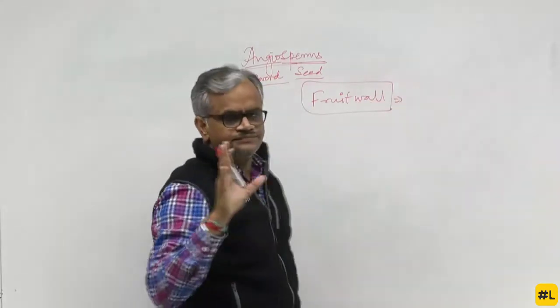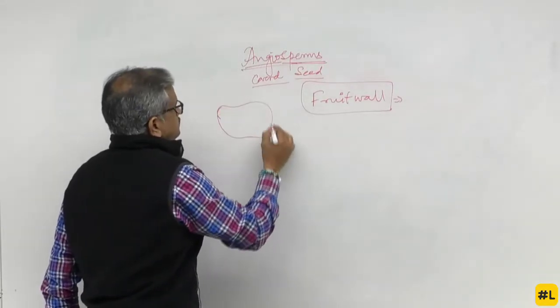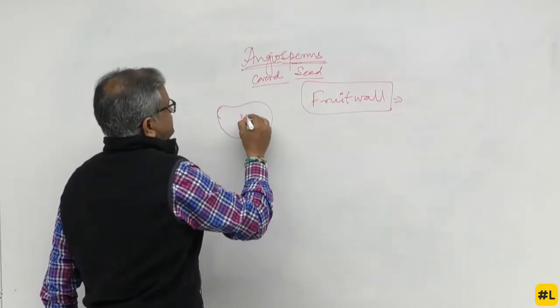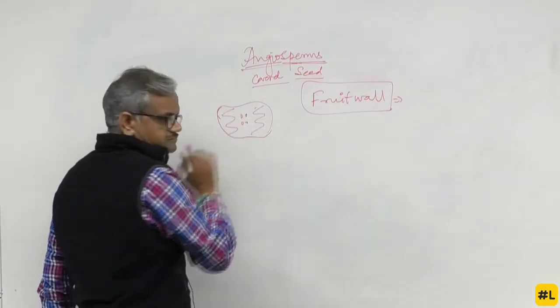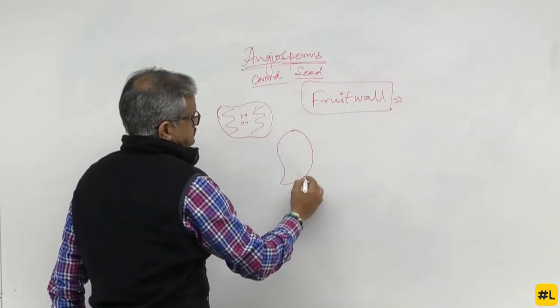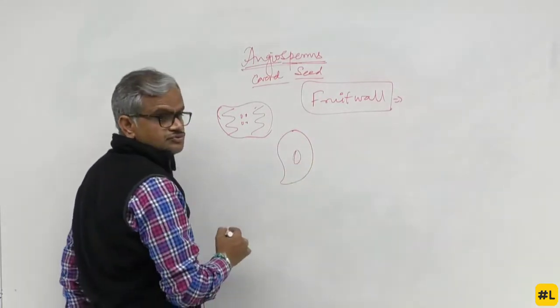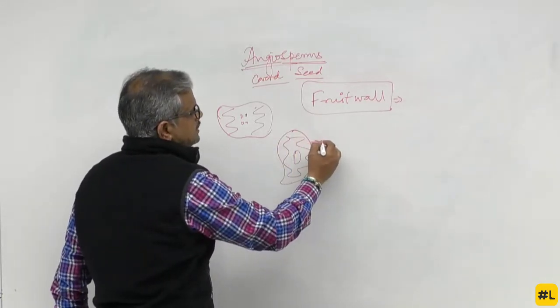Whatever you eat, because if I say you eat apple, this apple has seeds here. So what do you eat? Something this. If you see a mango, this is the seed.